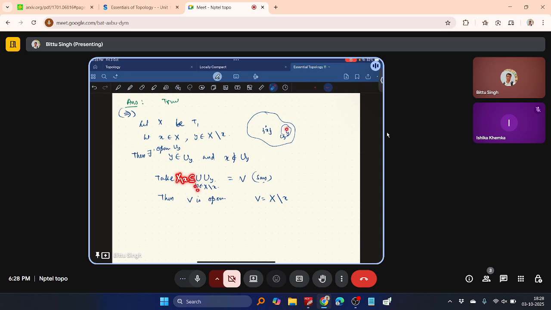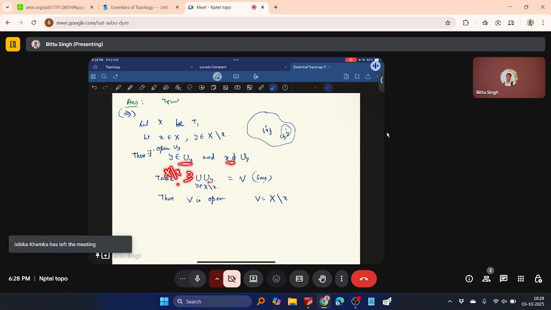I have not only chosen the point but also a neighborhood, so every y in X minus {x} is contained in some Uy, and the other side is also clear, because Uy does not contain x. Therefore V is open, so X minus {x} is open. Hence {x} is closed.